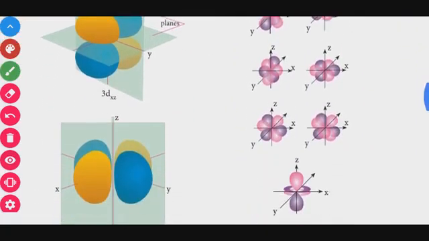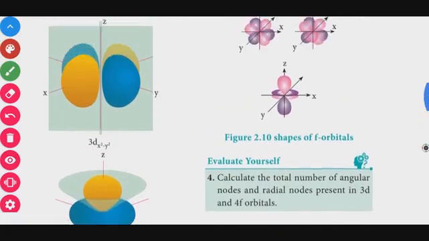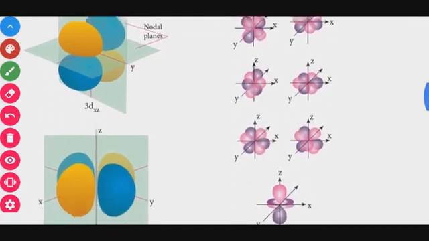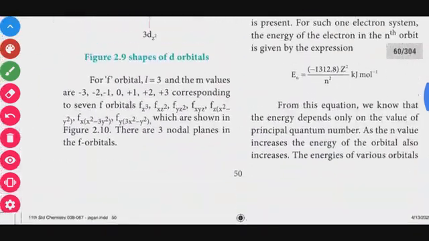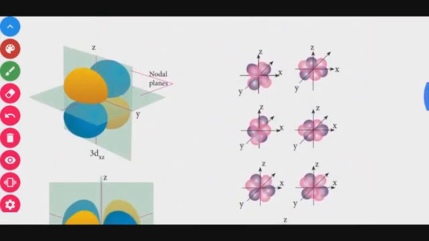See how the shapes look, a balloon shape structure. Okay, shapes of the f orbital. Just take a glance at the shapes of fxz square, fz cube, fyz square. This is the shape of the orbital.